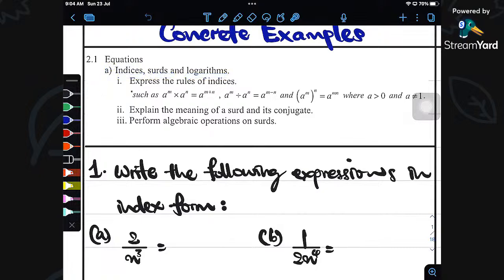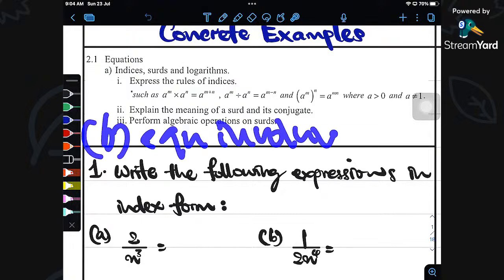We will learn all of the rules of the indices and the meaning of the surd and its conjugate and also its algebraic operations on surd. And then there is another goal, which is B. We will do it as well in this hour. It is called the equation involving this tree, which is the indices, surd, and logarithm.